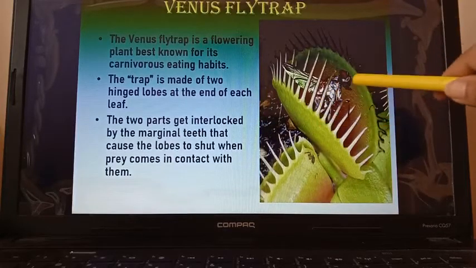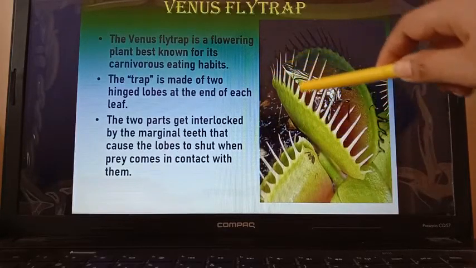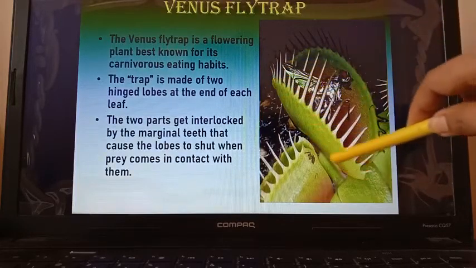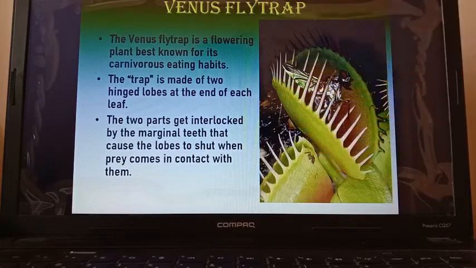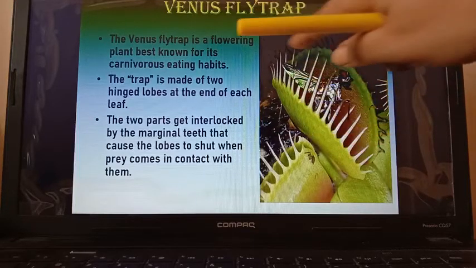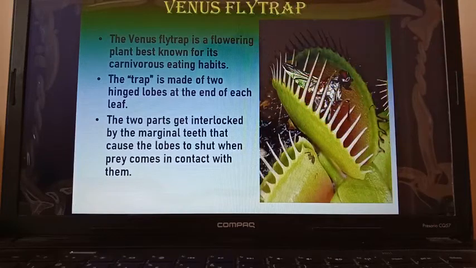In the same way, these two parts of the leaf blade are attached with that hinge or midrib, and the edges you can see contain marginal teeth.